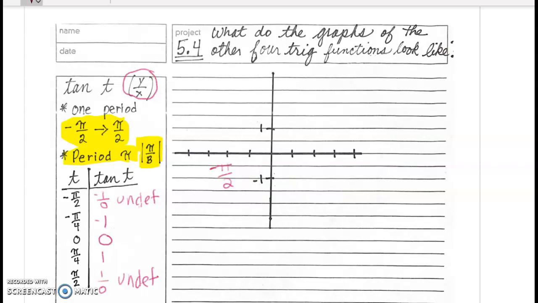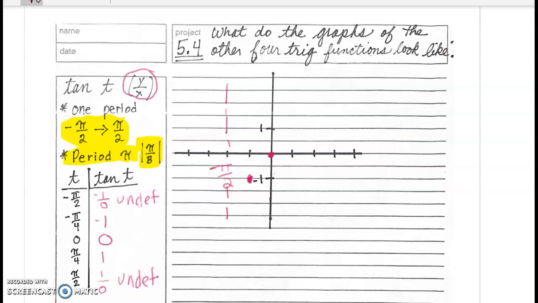So at negative pi over 2, tangent is undefined. That means you have an asymptote there. Remember, your graph cannot cross that. At negative pi over 4, I am at negative 1. At 0, I'm at 0.